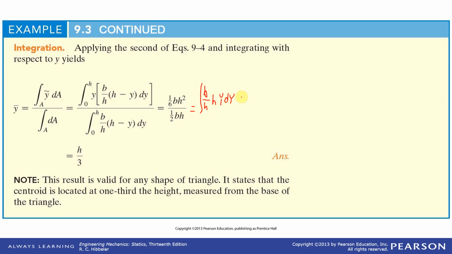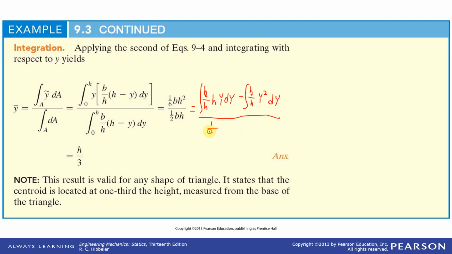Minus b over h, y squared dy. b over h, y times y, dy. Okay. Area is 1/2 base times the height.